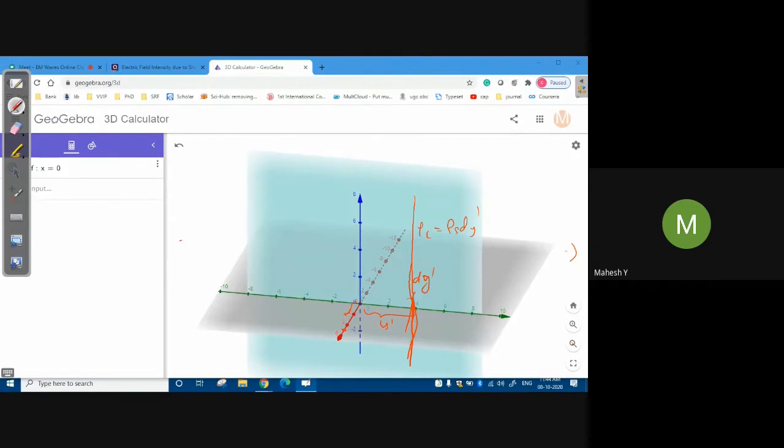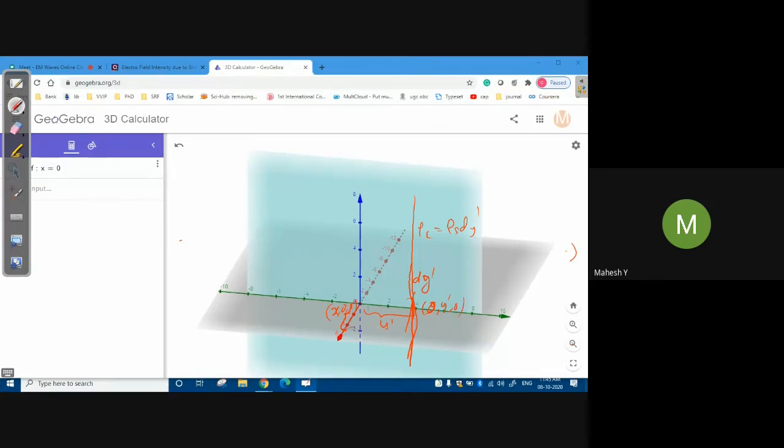So what is this length? If I am taking an arbitrary point, can I mark it as x? The coordinate will be x comma 0 comma 0, because it is in the x-axis itself, right? And this point is 0 comma y dash comma 0.